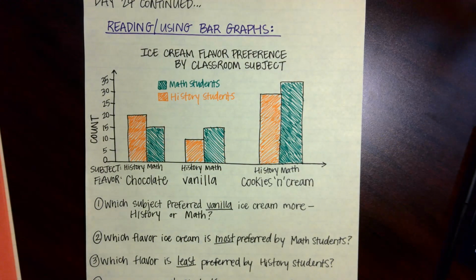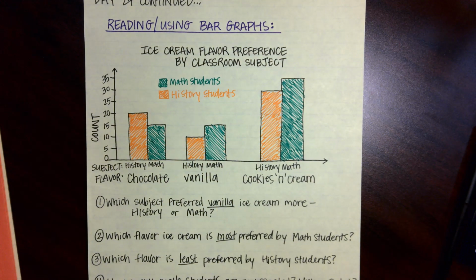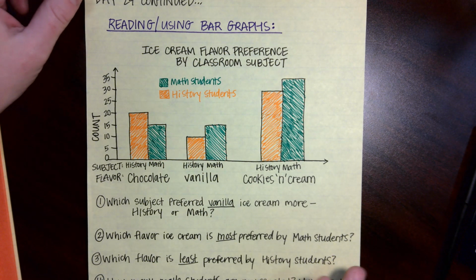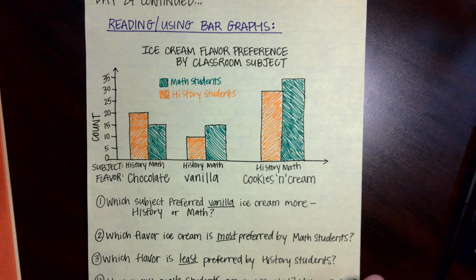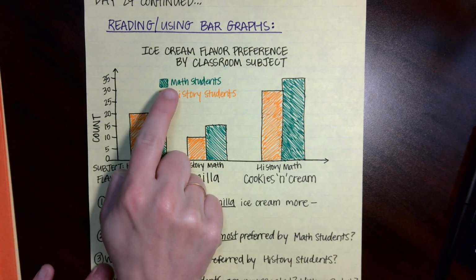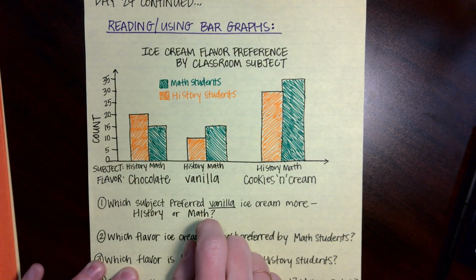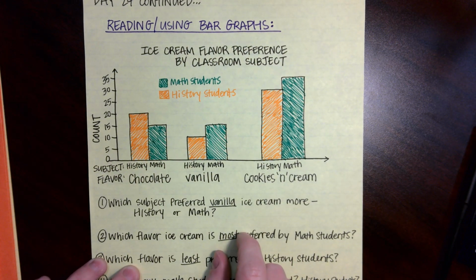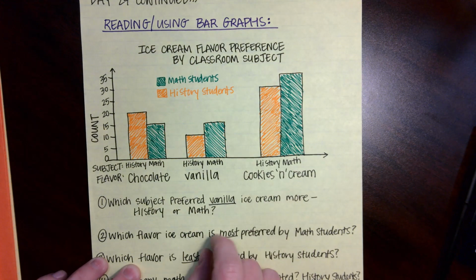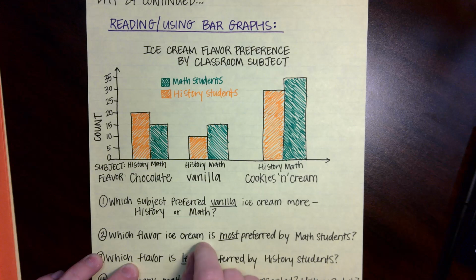So, this is a bar graph of ice cream flavor preference by classroom subject. So what that means is we polled students who are in math classes, and we polled students who are in history classes, and we asked them what their favorite ice cream flavors are between these three options. We got chocolate, vanilla, cookies and cream.